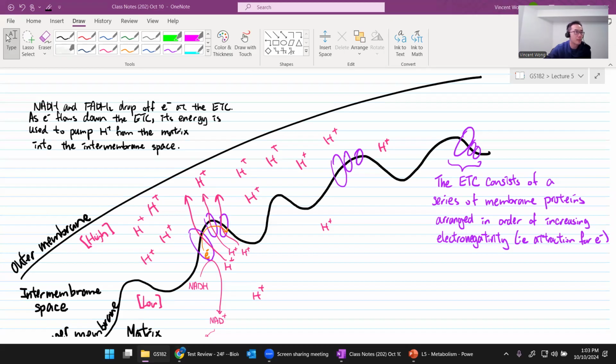Exactly, right? So this would be an example of protein pump like the active transport note that we took, right? Okay, I'm just waiting for you guys to copy. If you're done, give me a signal, and then I'll keep talking.